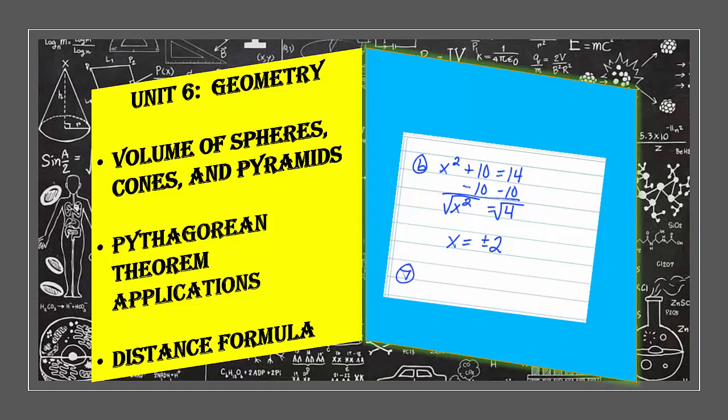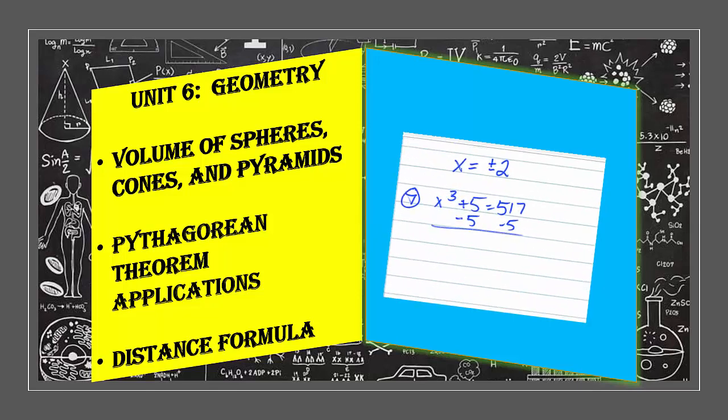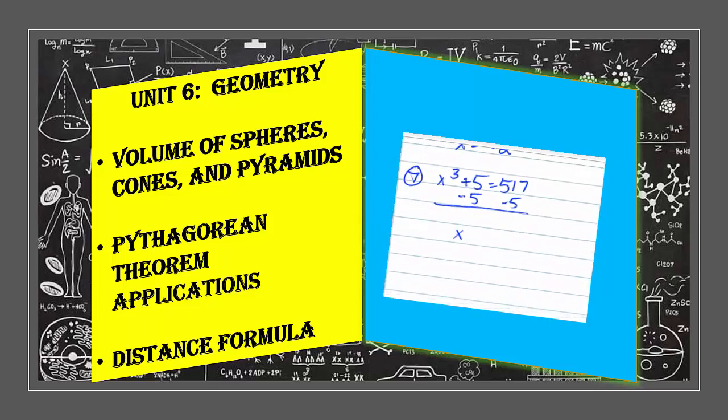Number 7, x cubed plus 5 is equal to 517. First thing we're going to do is subtract 5 from both sides, where x cubed will equal 512.